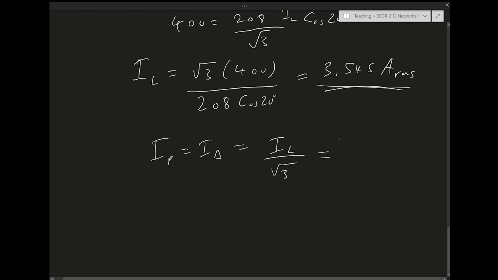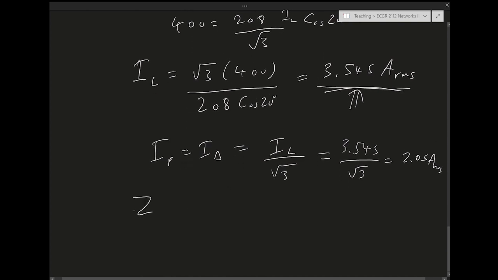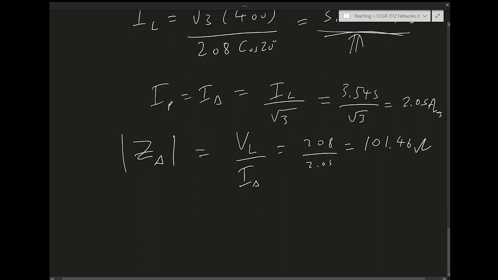So we know what IL is. We calculated it here. So it's going to be 3.545 over square root of 3. That's going to equal 2.05 amps RMS, right? So we have the line voltage and the line current that allows us to at least calculate the magnitude of Z delta. So that's going to be VL over I delta, which is 208 over 2.05, which is 101.46 ohms.